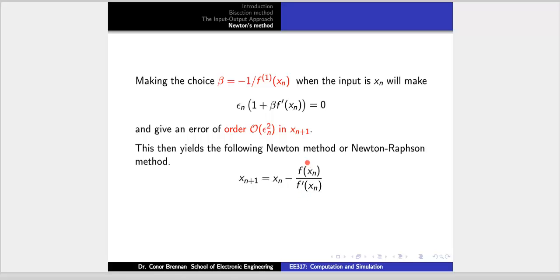It takes an initial guess, x0, and then it updates x1, x2, x3, x4, etc. according to this rule. Xn plus 1 is equal to the previous estimate, xn, minus beta times f of xn, where beta is minus 1 over f dash xn.